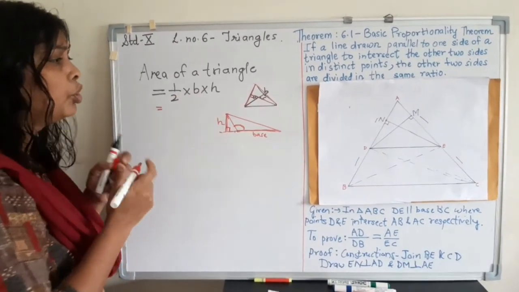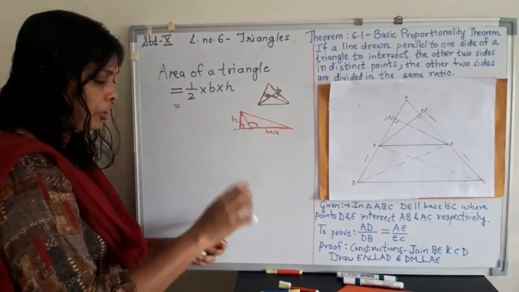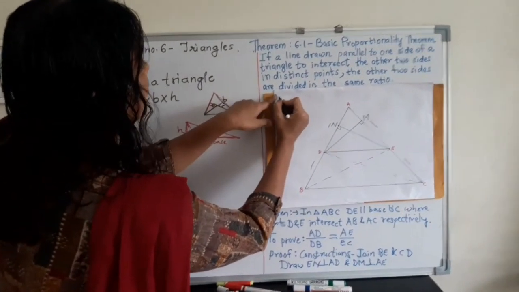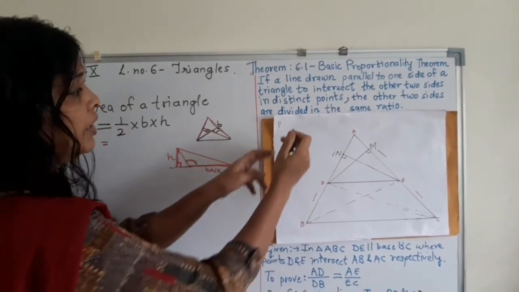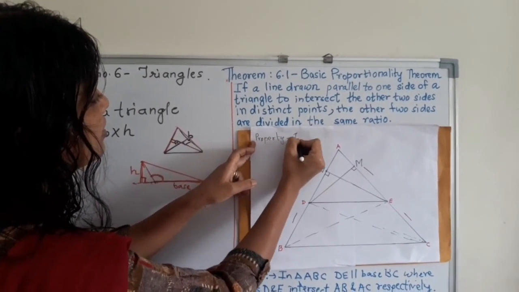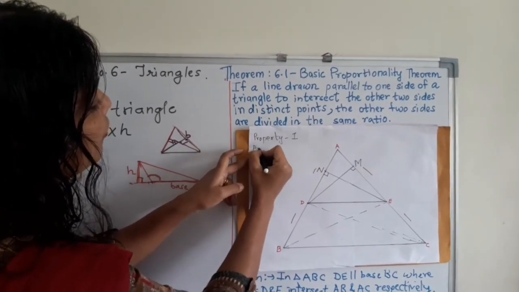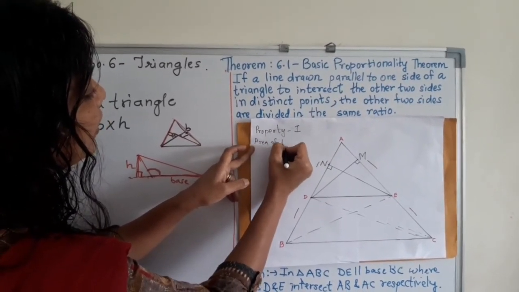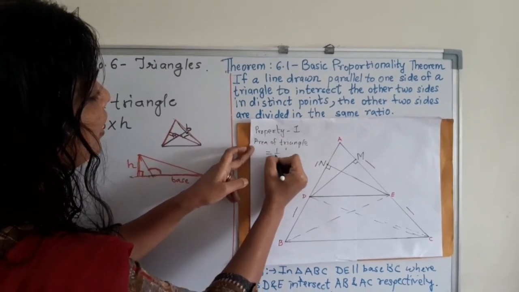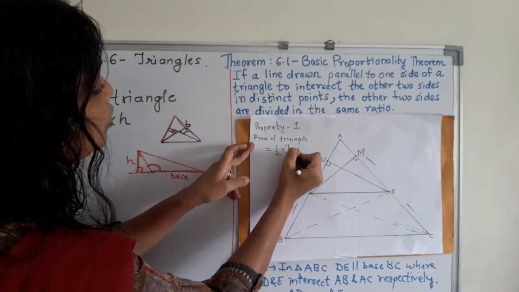I know you all know this, but just revise it. Before we prove this theorem, we are using property 1, that is the area of a triangle, which is half into base into height.